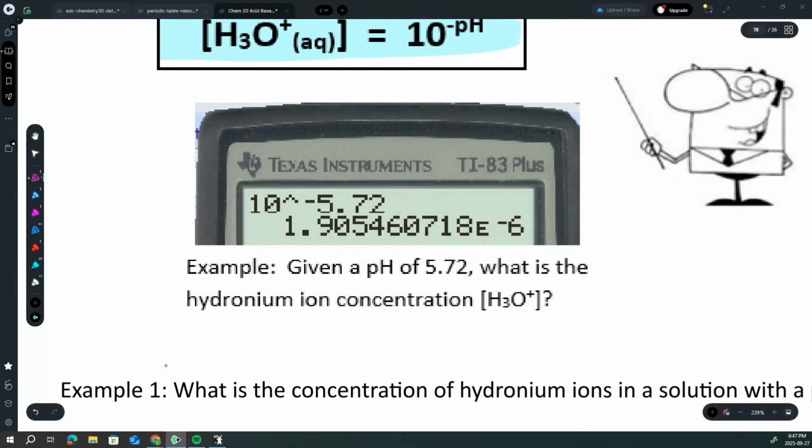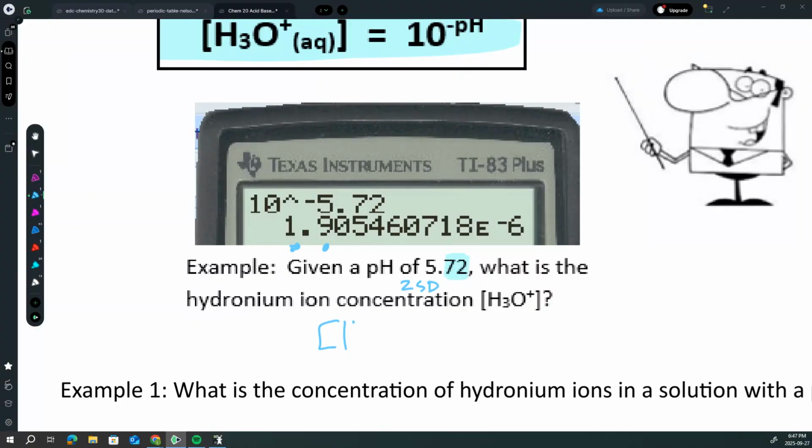Since our value for pH has 2 sig digs, since this value here is concentration, I have to count from the very start, because the word concentration doesn't have the letter P in it, so we need to look at the whole number. So 1, 2.